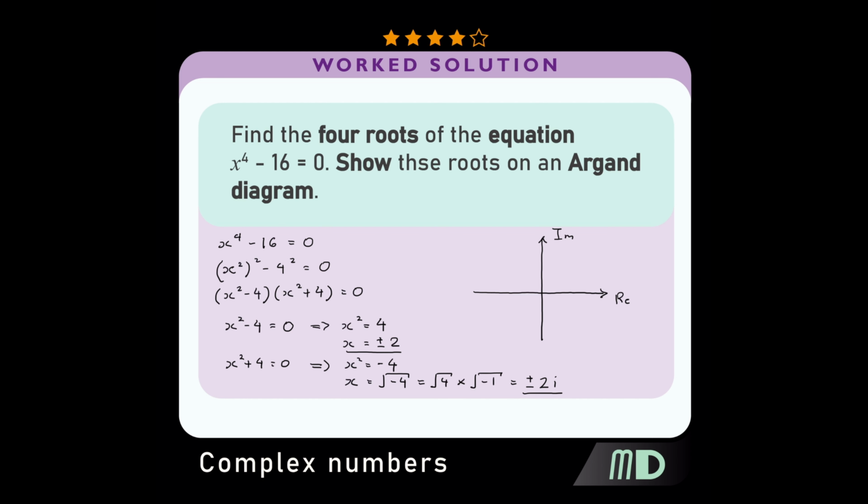The 2 real solutions, plus and minus 2, are drawn on the real axis, and the 2 complex conjugate numbers, plus and minus 2i, are drawn on the imaginary axis.